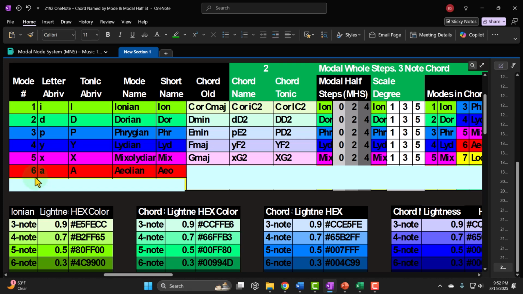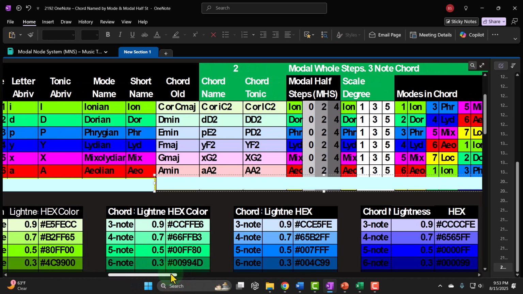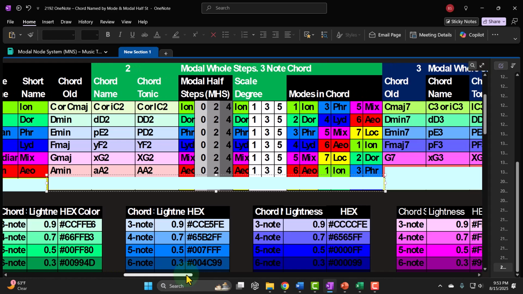We're going to say this is going to be Aeolian, and then we're going to say this is going to be an A minor chord. I'd rather call it an Aeolian A2 chord, or 3-note or triad Aeolian chord. The 2 represents 2 modal whole steps up. 2 times 2 would be 4 modal half steps up, which would be the 5th scale degree.